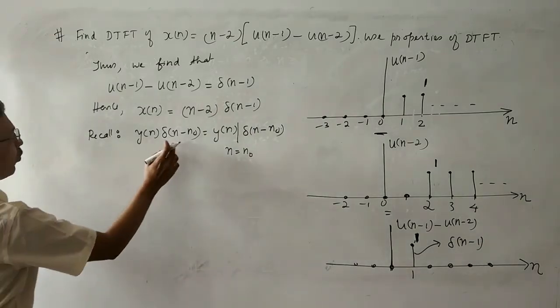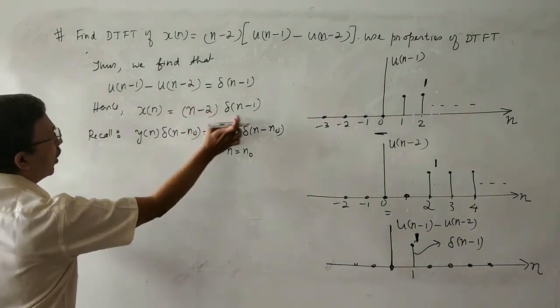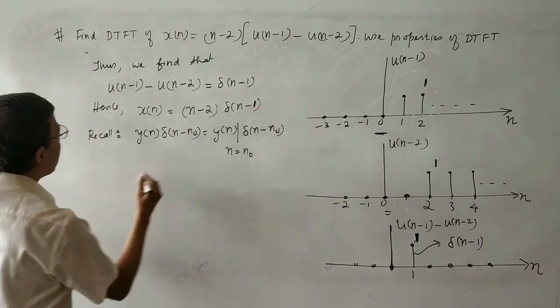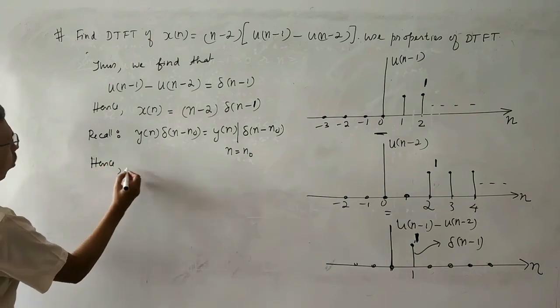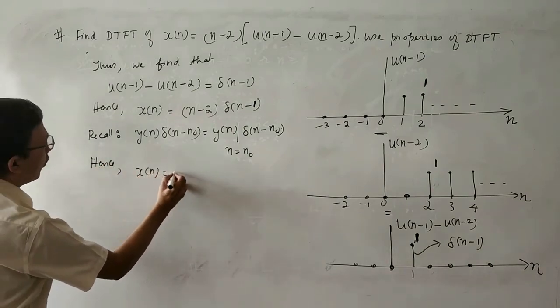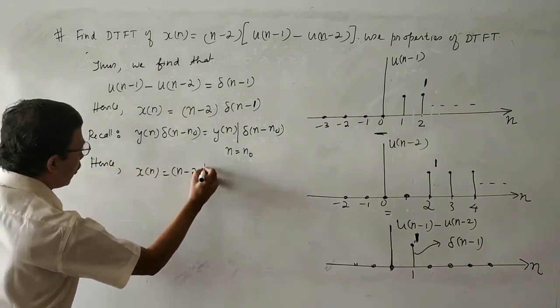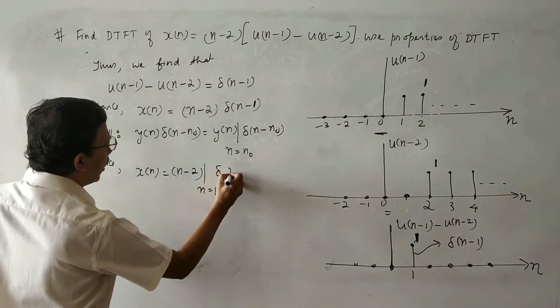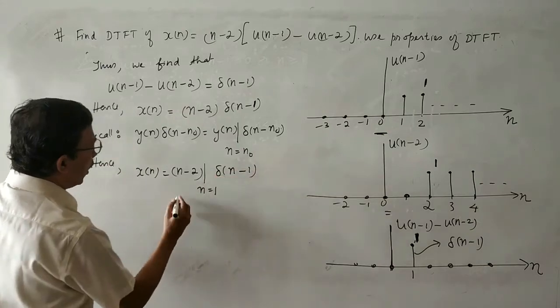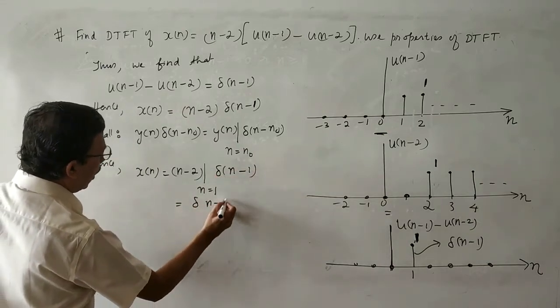Here y of n is n minus 2, and n naught is 1. Hence x of n is equal to n minus 2 evaluated at n equal to 1 into delta of n minus 1.